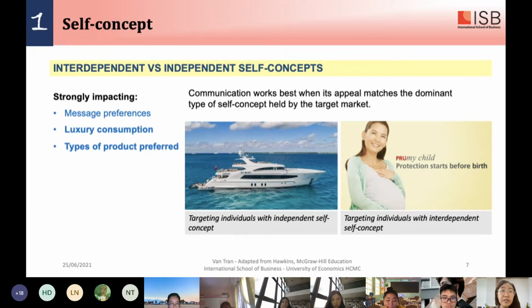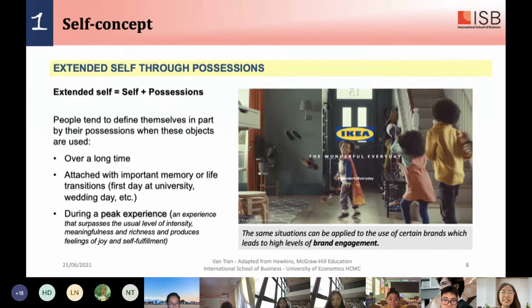And you see that, especially for the independent self-concept people, because they define themselves sometimes by what assets they have, right? They would extend their self-concept into their possessions. So this is what we call the extended self. When the product or the brand becomes involved so much in the consumer's life, it becomes a part of that person.